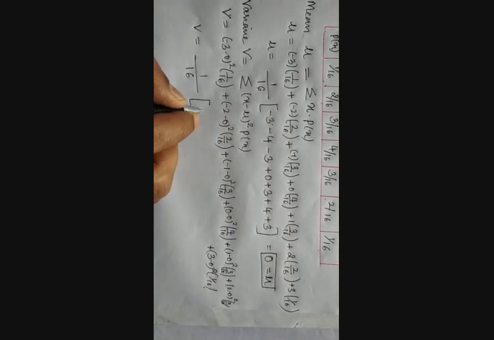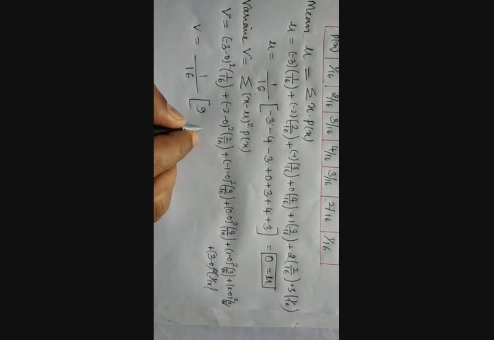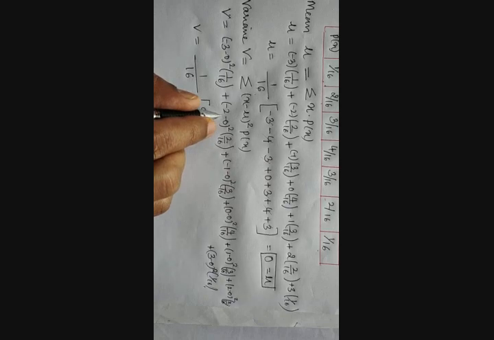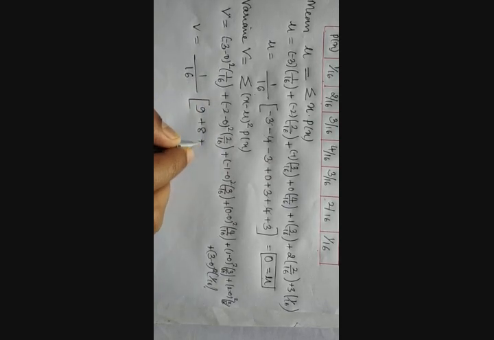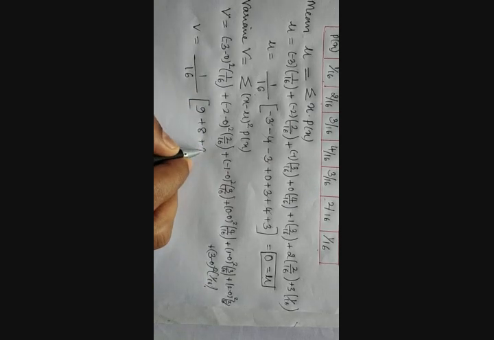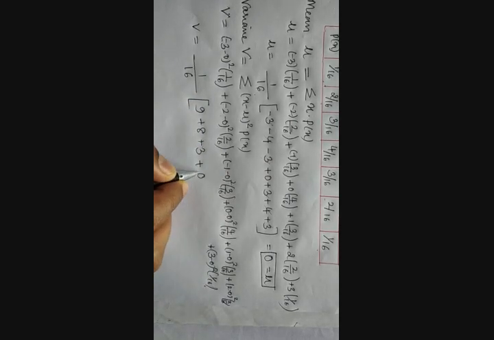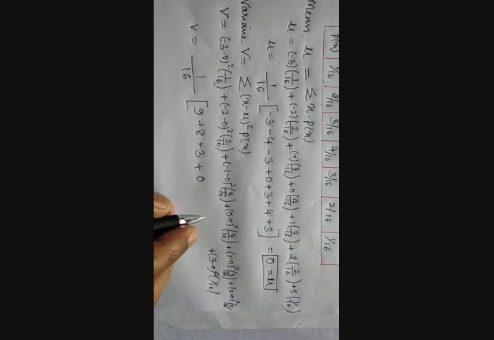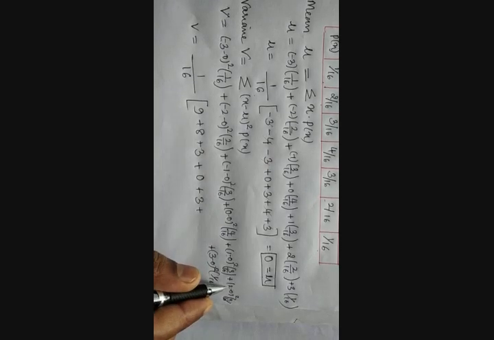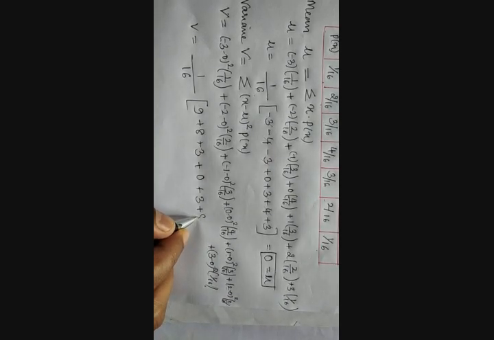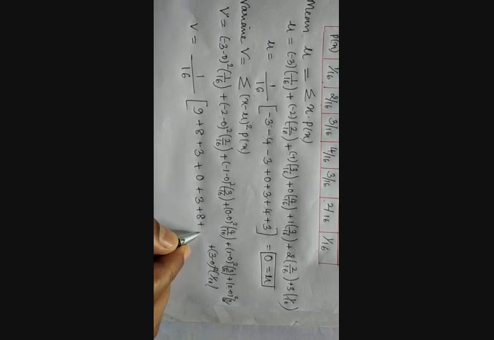So this is equal to, you can see, minus 3 square 9, minus 2 square 4, 4 into 2 is 8, minus 1 square 1, 1 into 3 is 3, this becomes 0 minus 0, 0 into anything 0, plus again 1 square 1, 1 into 3 is 3, plus 2 square 4, 4 into 2 is 8, plus 3 square 9.